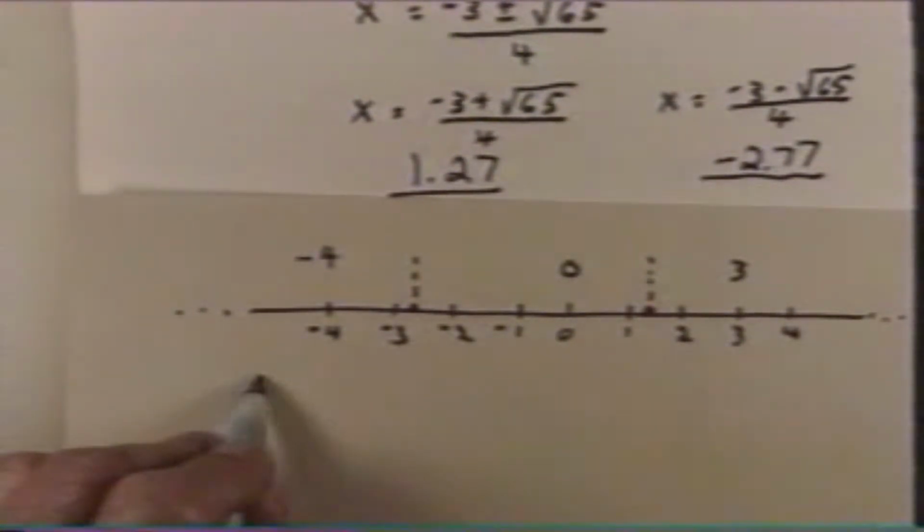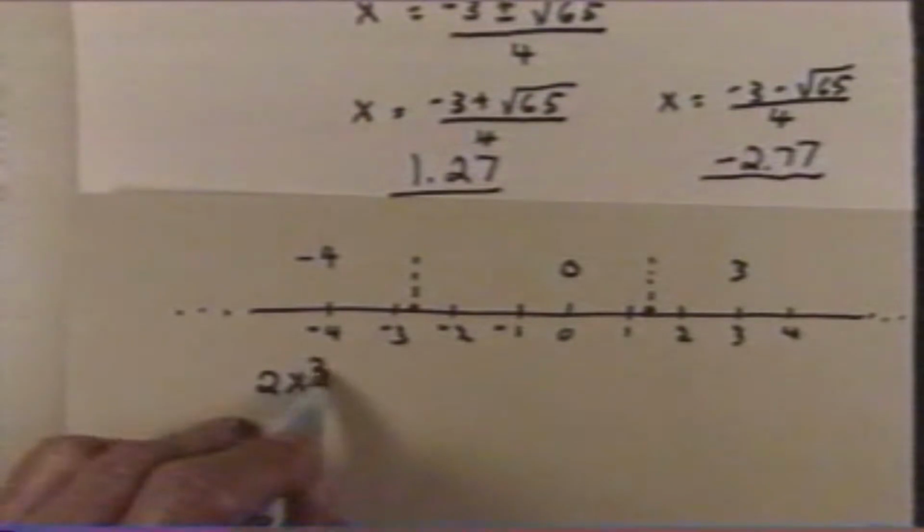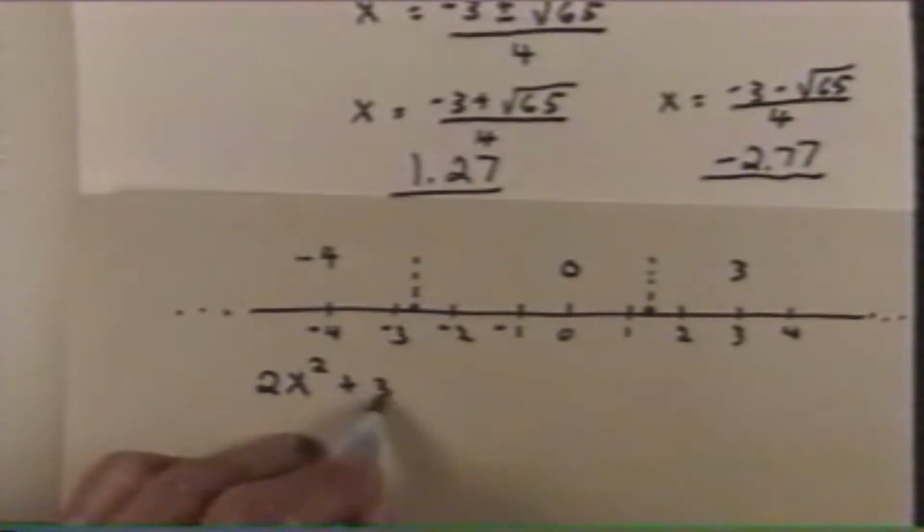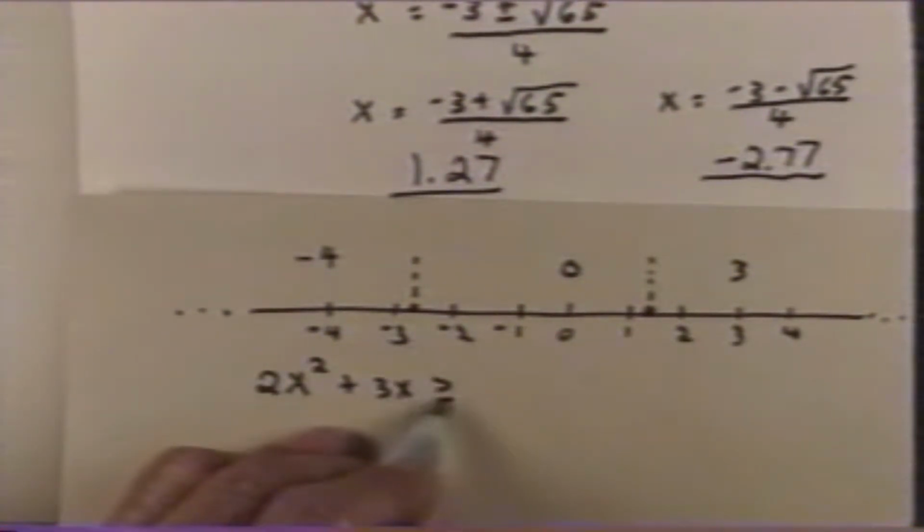The original problem was 2x squared plus 3x greater than or equal to 7. So I have 2 parentheses squared plus 3 parentheses greater than or equal to 7, and I'll put in negative 4.